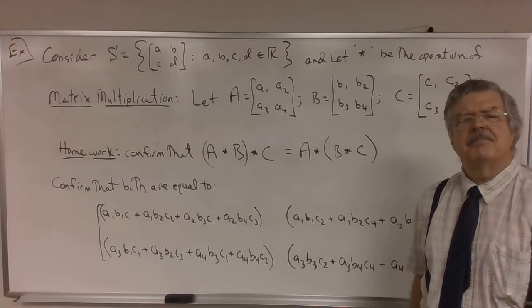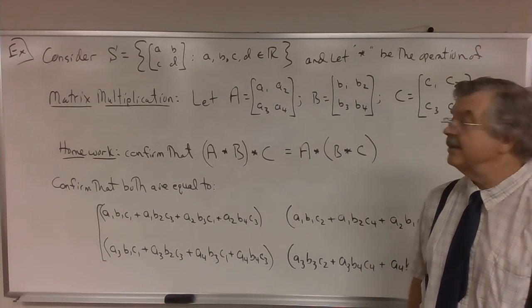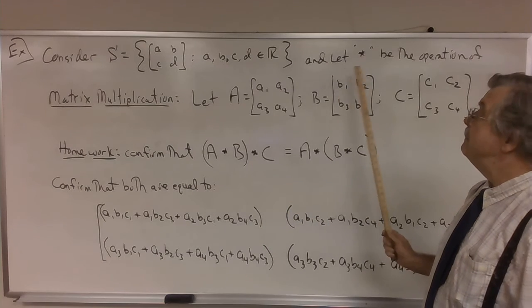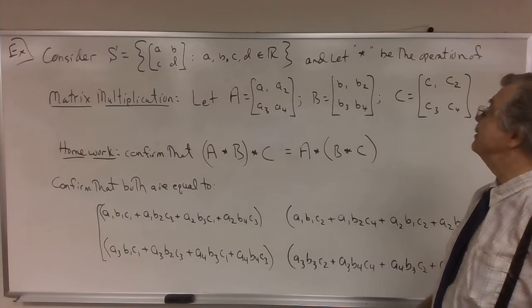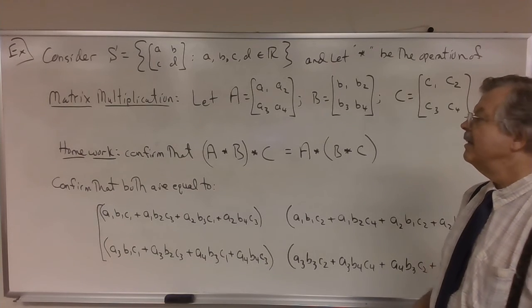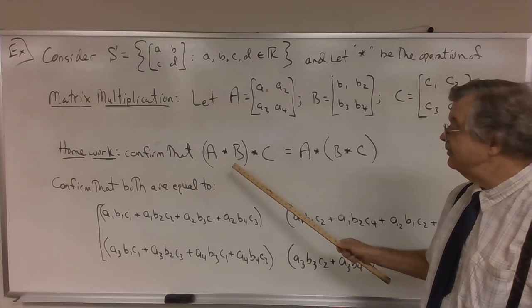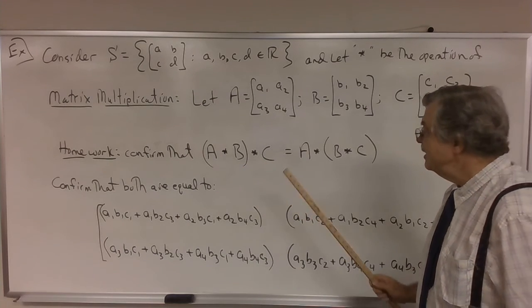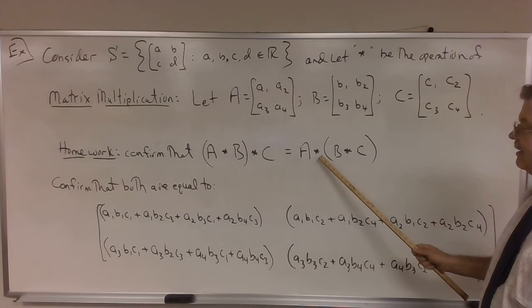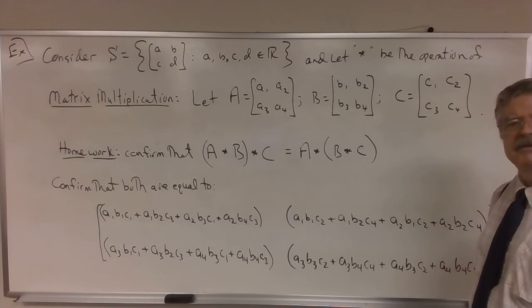The binary operation of matrix multiplication is not commutative, but it is associative. A star B, in parentheses, star C, is equal to A star parentheses B star C close parentheses.